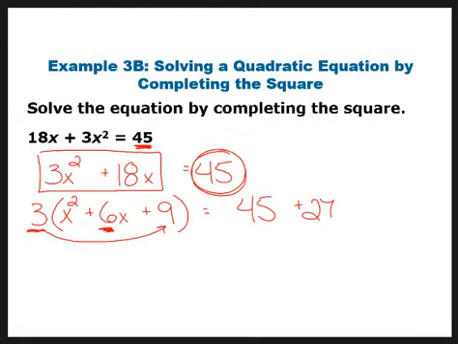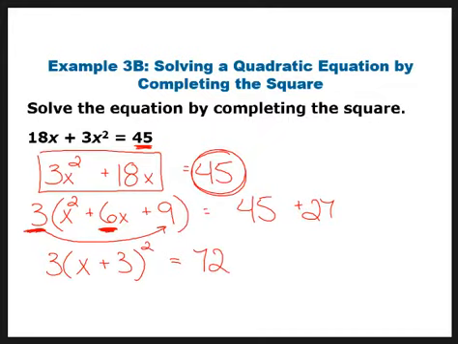All right, now the whole key there is just keeping things balanced. You only have to think in terms of that if you pull a number out to begin with. All right, so I'm going to leave the 3 there. This should now factor as x plus 3 squared. Okay, remember, x plus half of whatever this number is in here. On the other side, we're going to have to figure out 45 plus 27, which is going to equal 72.